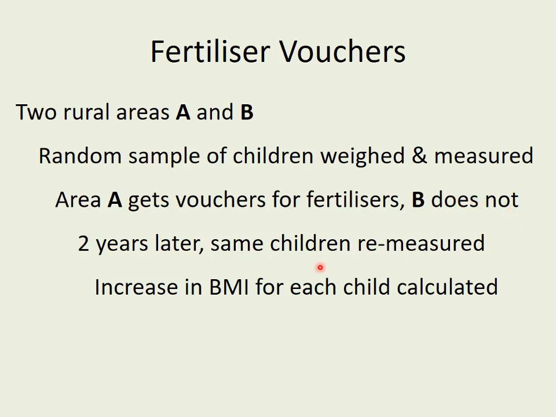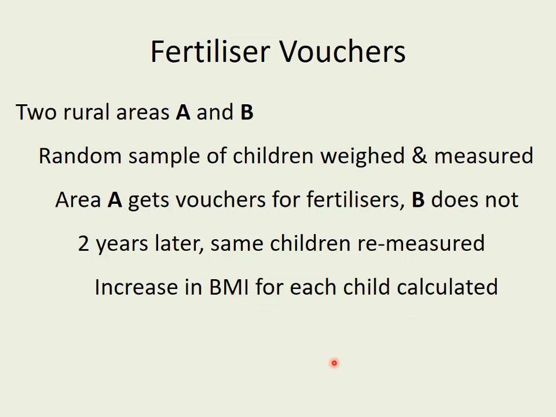So 2 years later, you select the same children as previously and re-measure them and work out what was the increase in body mass index for each of those children in the sample. So sample from area A and sample from area B measured at the start and 2 years later, and you look at the increase in body mass index.